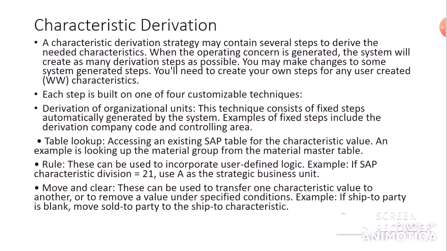Rule. These can be used to incorporate user defined logic. Example, if SAP characteristic division equal to 21, use A as the strategic business unit. Move and clear. These can be used to transfer one characteristic value to another or to remove a value under specified conditions. Example, if ship to party is blank, move sold to party to the ship to characteristic.